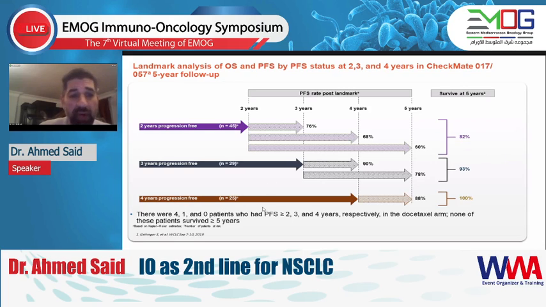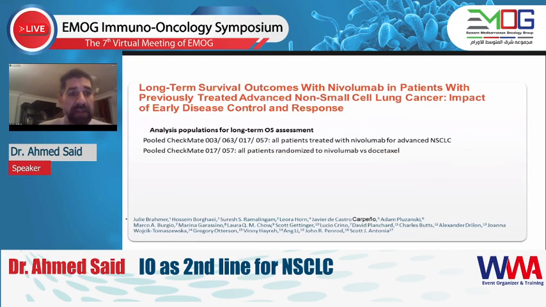With 4-year progression-free survival, 88% of them will be alive at 5 years. For the docetaxel arm, you can see that 4 and 1 patients had PFS of 2 and 3 years, but none of them survived beyond or equal to 5 years in this pooled analysis.